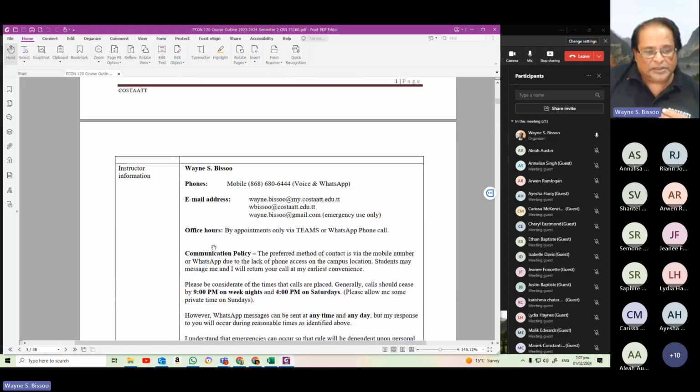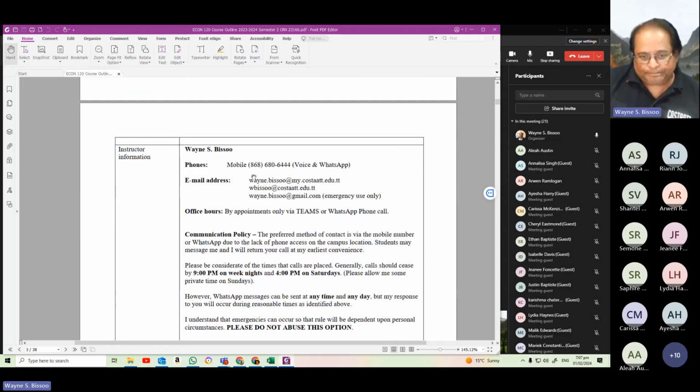So this is some information to communicate with me. You already have my phone contact, and these email addresses are available in the event that you need to communicate with me and you can't get through. Your fastest and quickest way to get through to me is actually via WhatsApp, either as a message in the group chat, or you can message me individually.